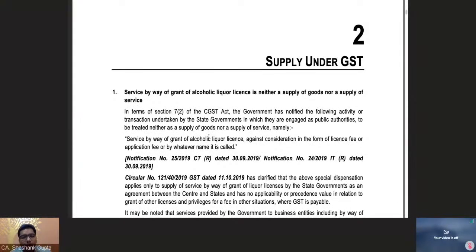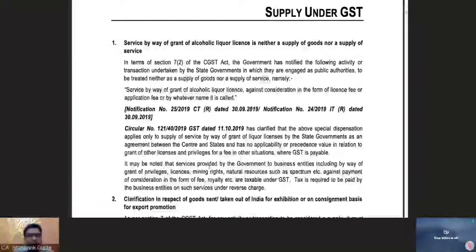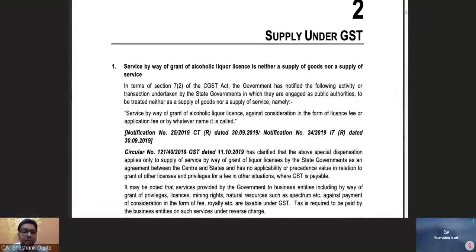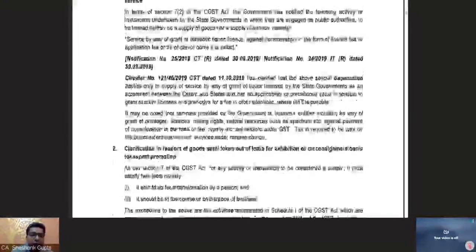For obtaining this license to sell liquor, a certain amount is to be paid, known as license fee. Is this license fee liable to GST? The answer was no, this license fee is not liable to GST and hence covered under Schedule 3, that is, it is neither supply of goods nor supply of service.